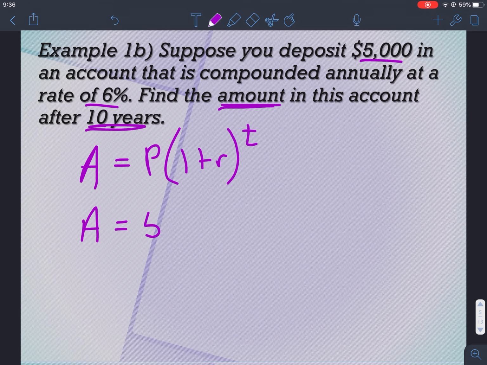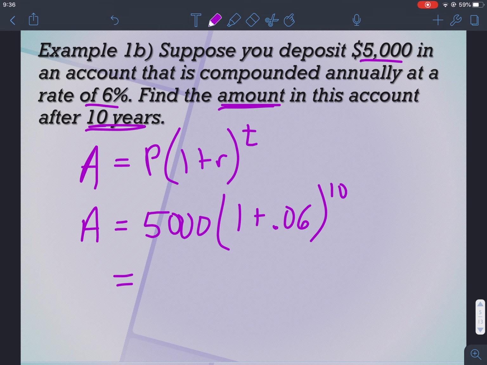The principal is $5,000. The rate, we have to make that a decimal, 0.06, and then to the 10th power. Hopefully you came up with $8,954.24.